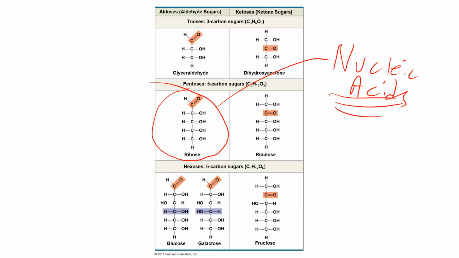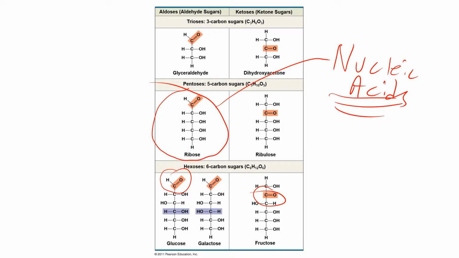Now, your hexose sugars. If you compare glucose and fructose, they have the same chemical formula, but structurally they're different because they're structural isomers: one is an aldose, the other a ketose.